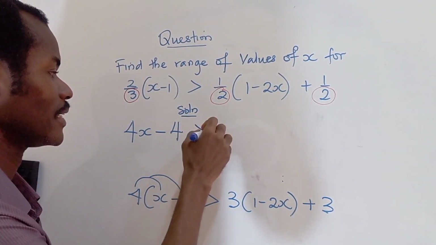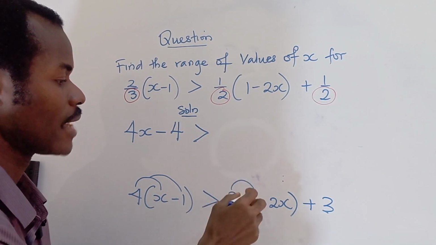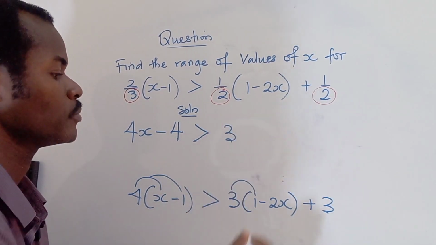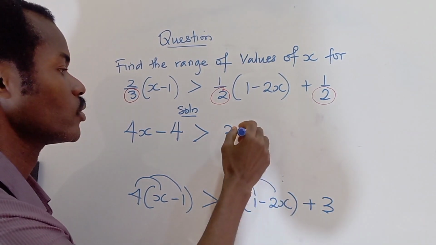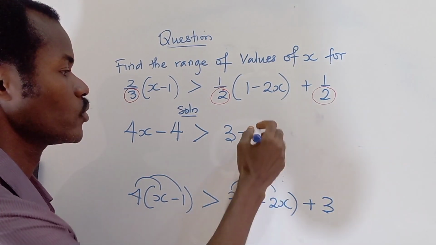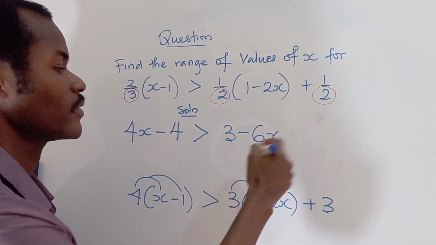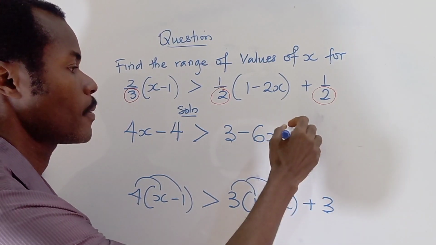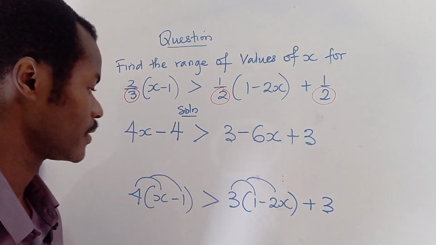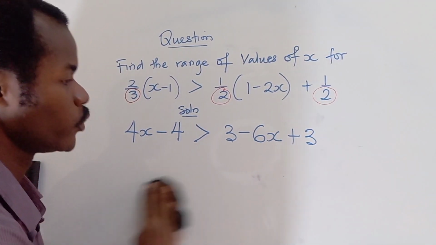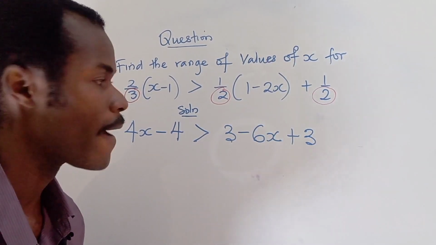We have our greater than sign. Now 3 times 1 is still 3. So 3 is going to multiply minus 2x, which gives us minus 6x, plus 3. Now that we have this expression, what can we do next to further simplify?